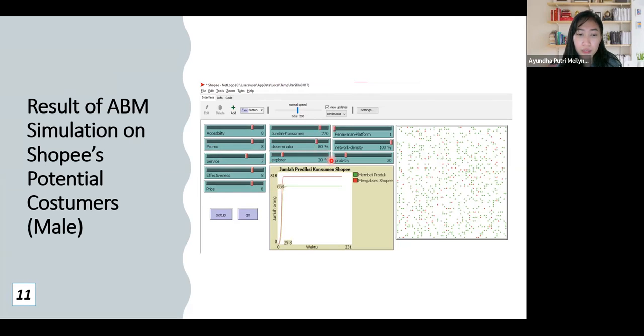From this simulation, there are 658 people who are interested to buy a product at Shopee from 770 Shopee potential consumers, and the time it takes is 13% of the total time of testing potential customers to receive information on the platform and decide to buy or not to buy the product.